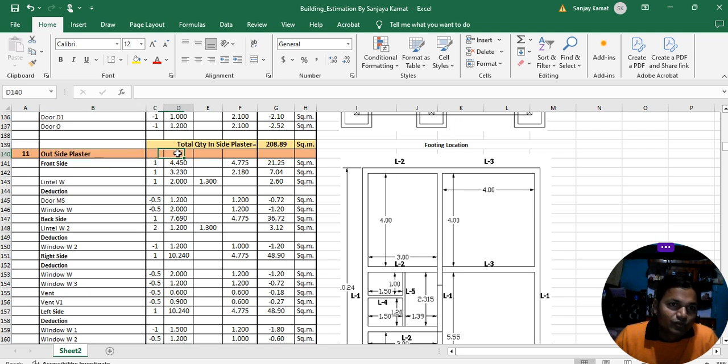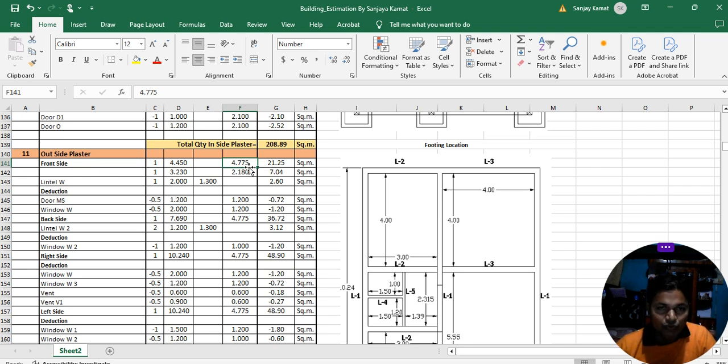First we will work for the front side. Front side is only one, so the number is 1, the length of the front side is 4.450, and the thickness is 4.775.